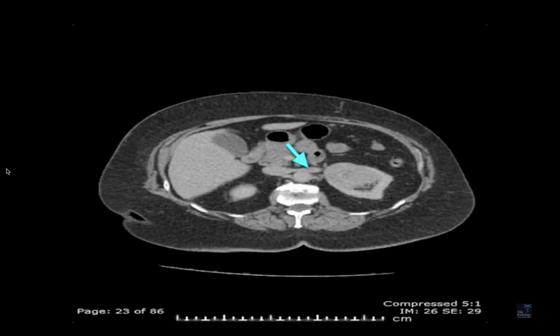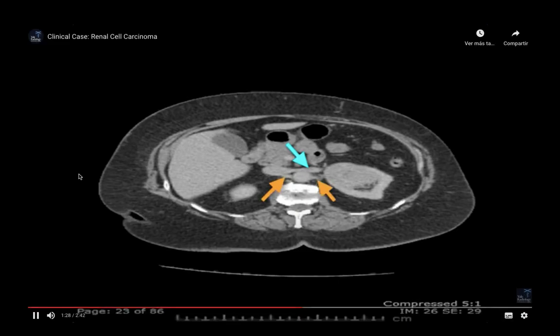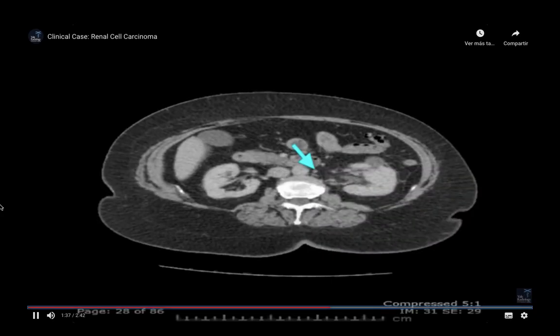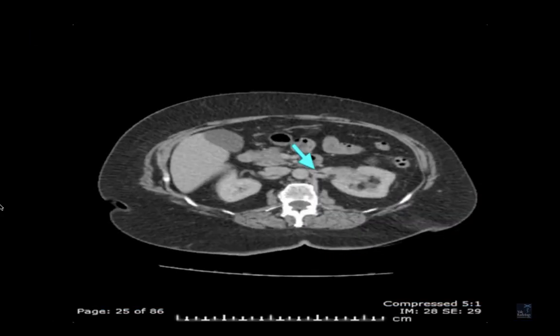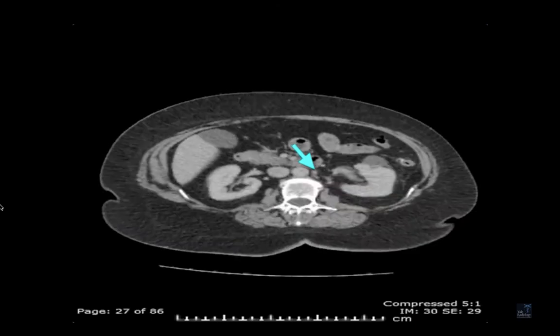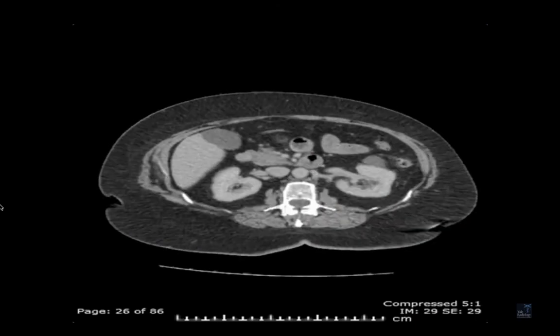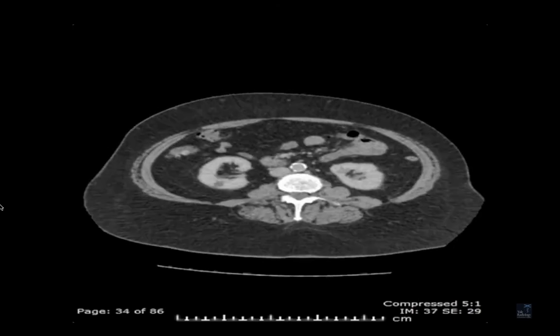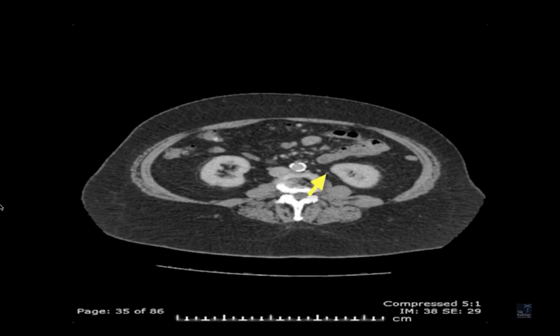We can also start to see both renal arteries, right side and left side, and we can follow these vessels to the kidneys. This vessel over here, we can follow as we scroll upwards again. We can also see the collecting systems which join to form the renal pelvis, and subsequently the ureters as they course inferiorly to the pelvis.